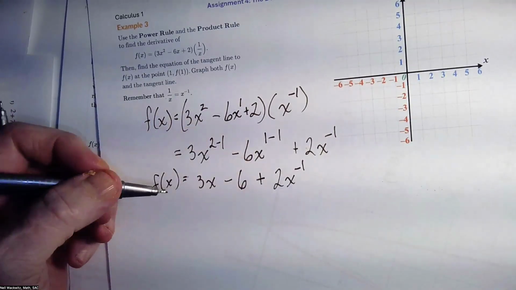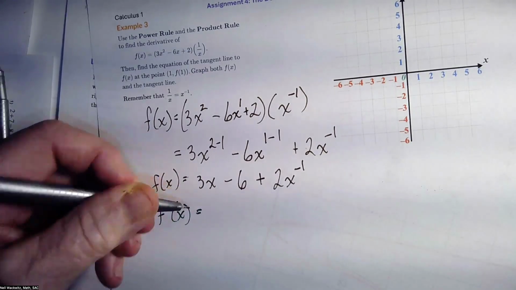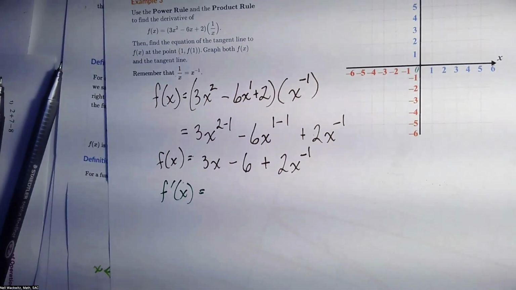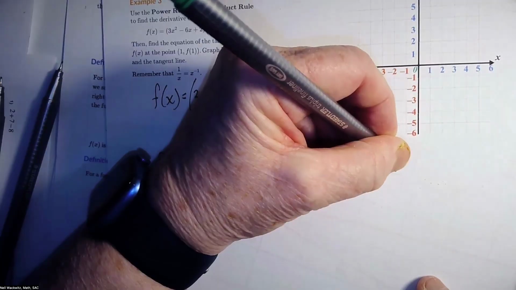If that is f of x, we know how to find the derivative using the power rule. So let's remember the power rule.